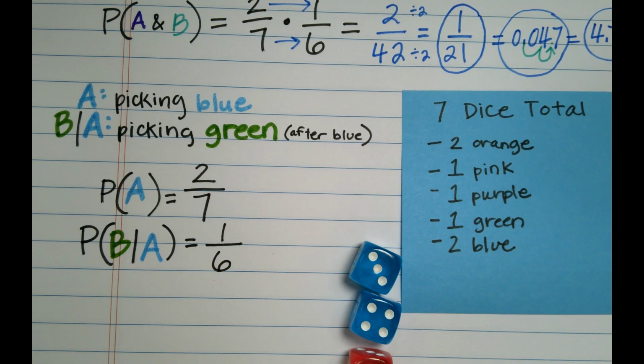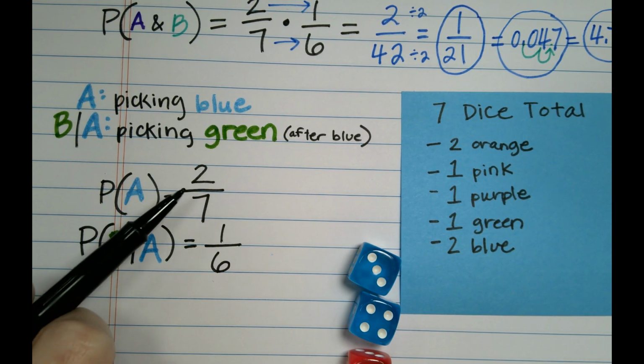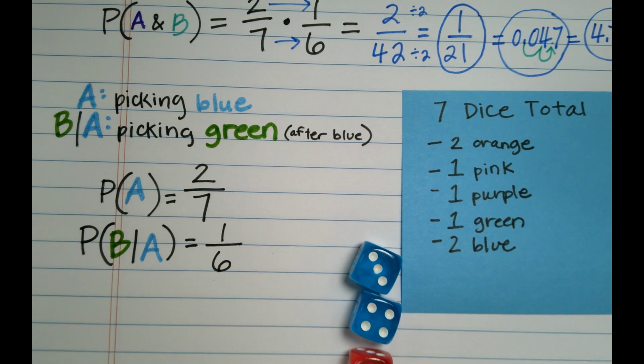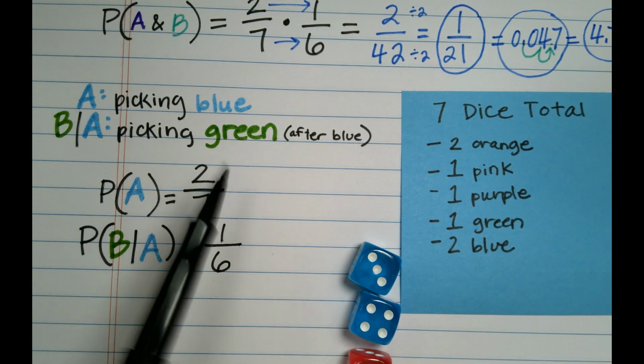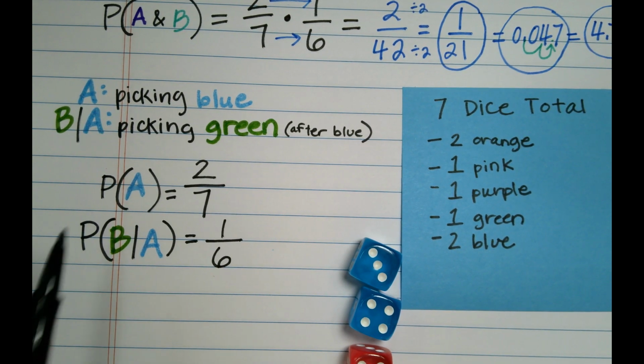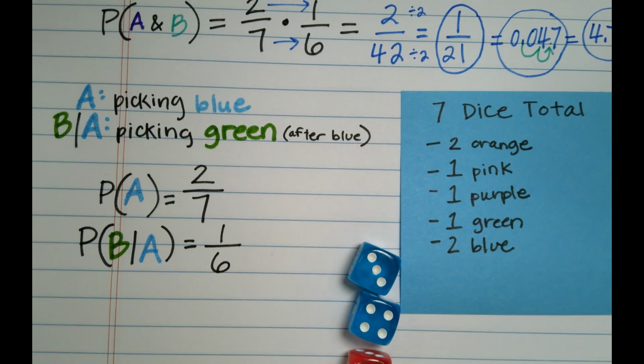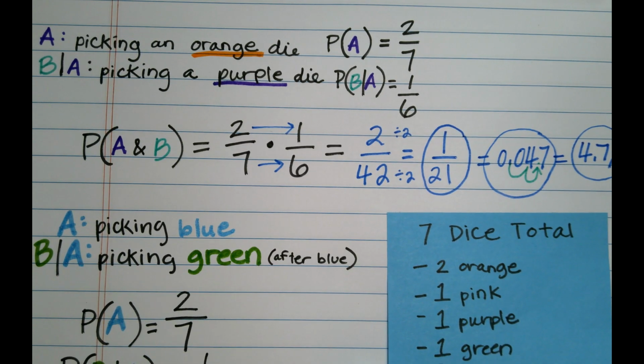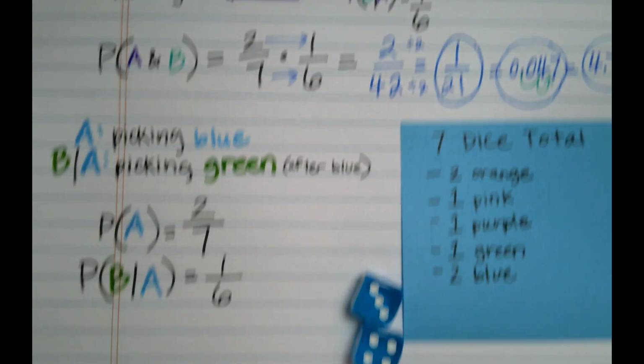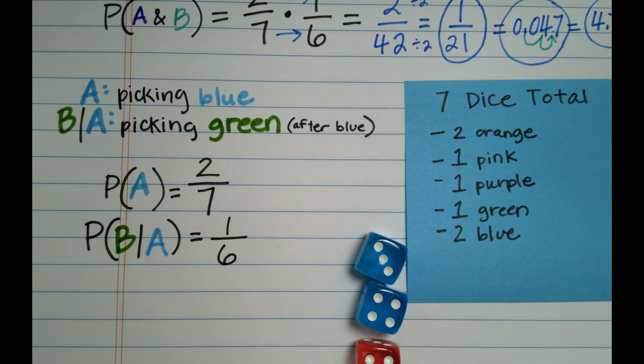Good. So the probability of picking a blue first is 2 out of 7. After we take that blue out and don't put it back, the probability of picking a green is 1 out of 6. Well, we accidentally did the same problem with the same numbers as before, so we already know the answer.